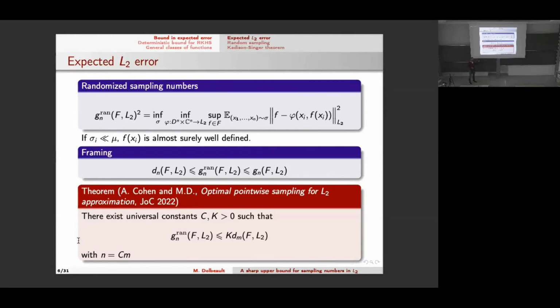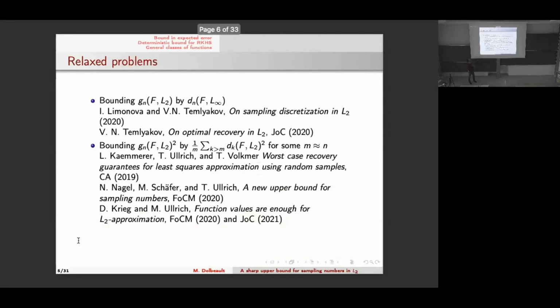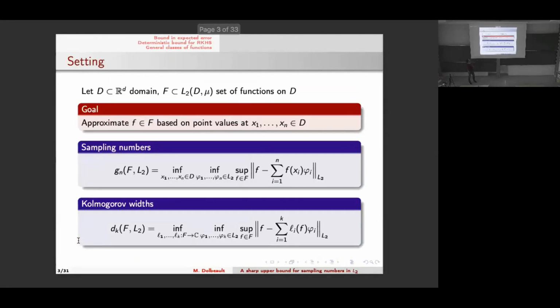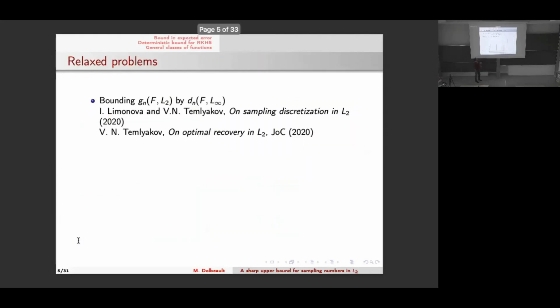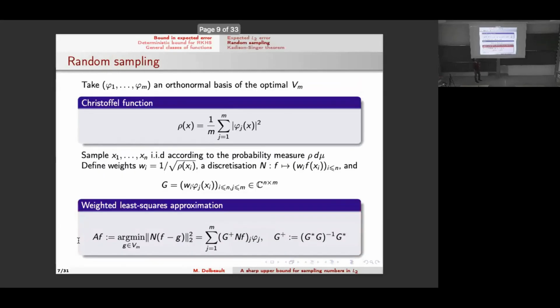Well, in the previous definition you still assume that you land in an n-dimensional space. Yep. You have to say that. Or maybe not. Indeed. Okay. So here the difference is that phi were chosen after fixing the points xi. So they depended in some sense on the points xi. In randomized sampling numbers, yep.